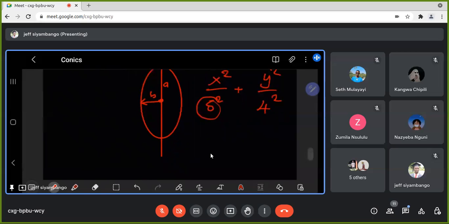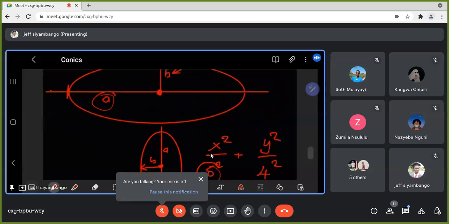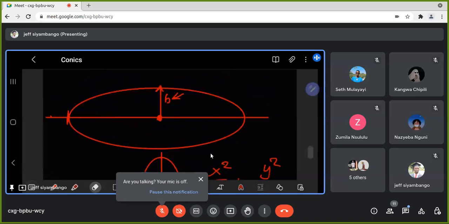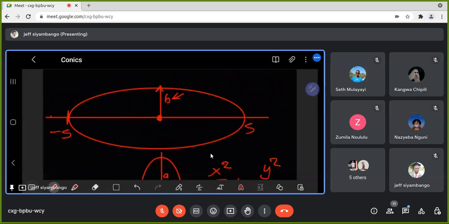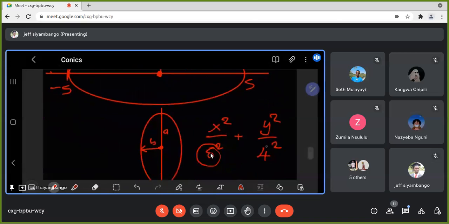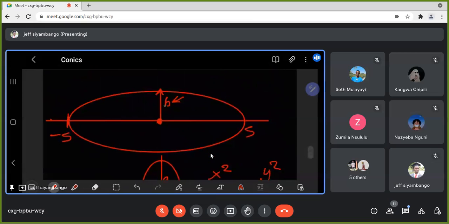If the ellipse lies horizontally, along the x-axis, it implies that the 5 is here. This is -5, and this is 5. And the B here is 4, which is smaller. It implies that this is where 4 is. So you have an ellipse whose major measure is on the x-axis.